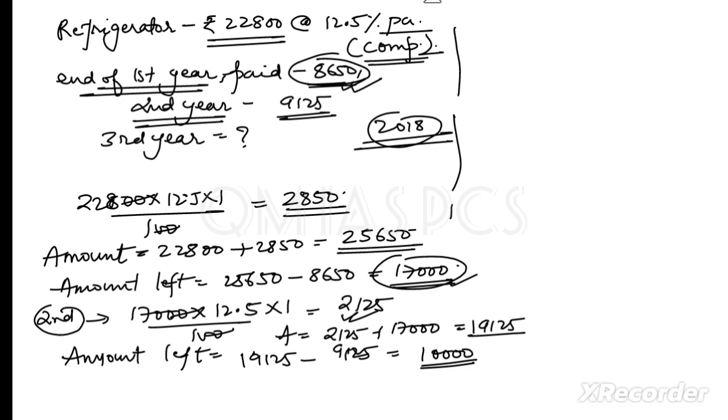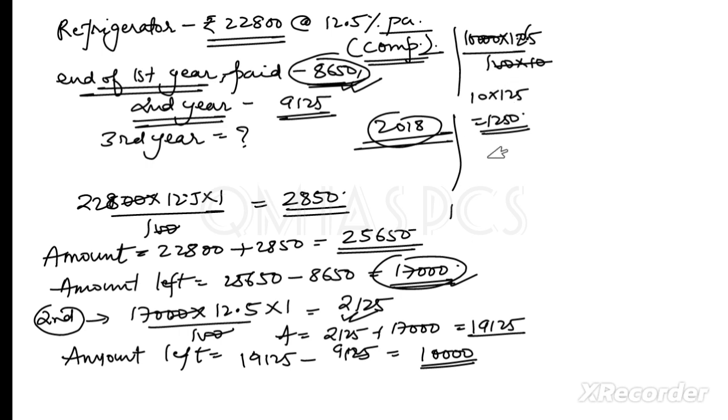Fine. So for the third year we can calculate with respect to 10,000 times 12.5 divided by 100. Remember this decimal, it will be divided by 10, so 3 zeros are cancelled. So 10 multiplied by 125 will be 1,250. This much interest that person has to pay.